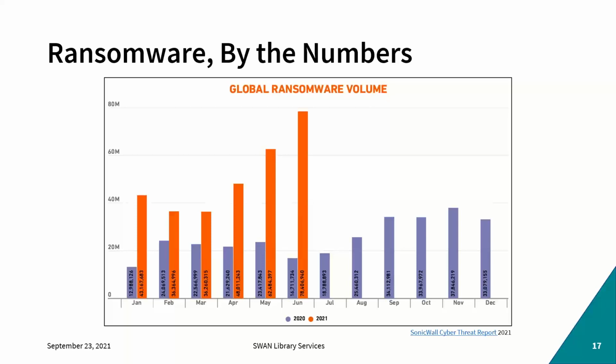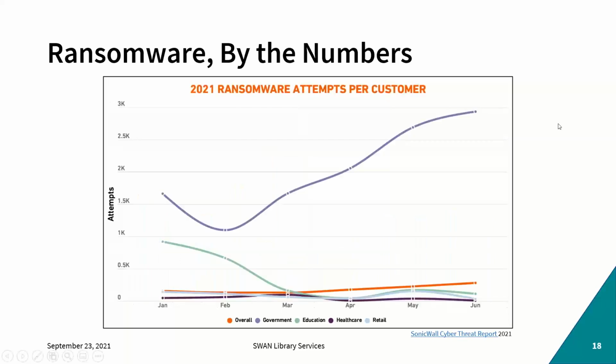One of the big things I want to tie this into is that it's not just big businesses being affected anymore. It's government entities, it's libraries, it's schools. We are potentially becoming targets now. Looking deeper, here is more ransomware by the numbers.